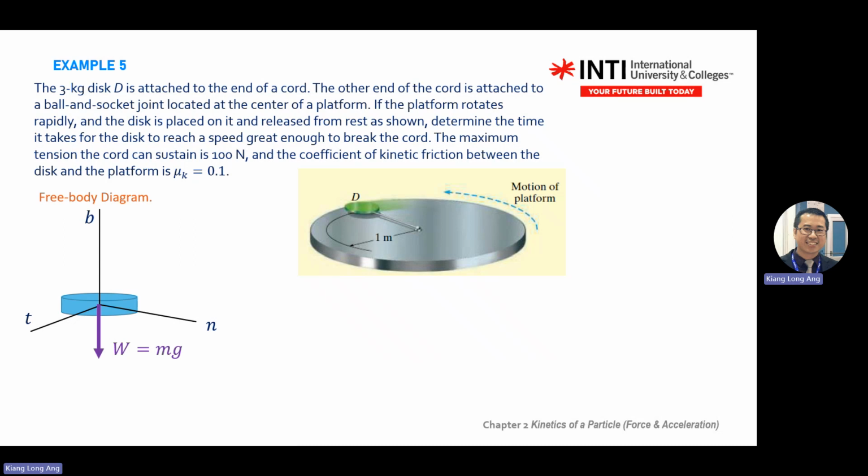Chapter 2, you deal with 4 forces: weight, external force, normal. If they have contact, then you have normal force. Once you have contact, you surely have friction. So these 4 forces are always in chapter 2, unless it's thrown into the air. Then you have drag and don't have any normal force. Okay. All right.